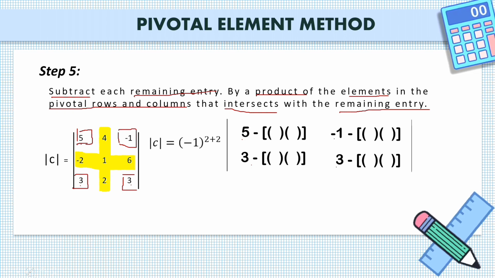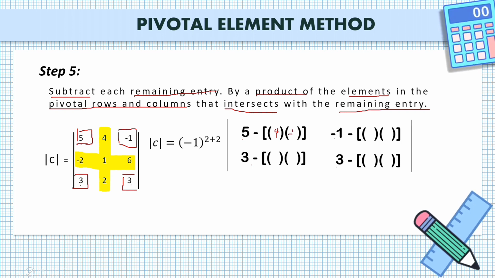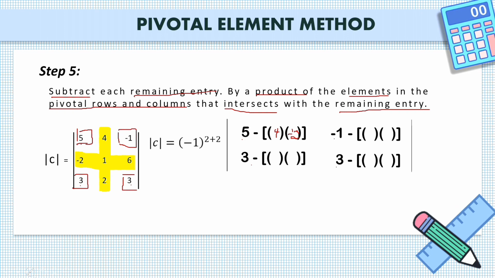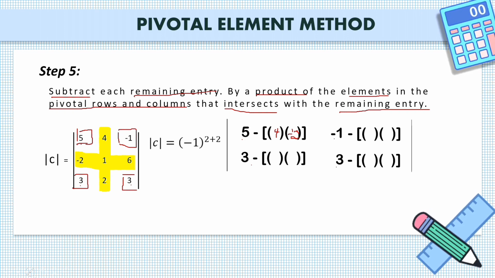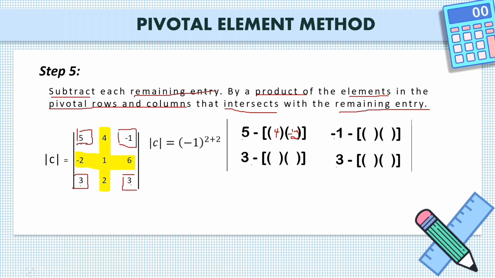So, sa number 5 or element 5, ang nag-intersect sa remaining entry ay number 4 and number or element negative 2. Ayan. Next, sa element 3 naman, ano katabi ng element 3? 2.